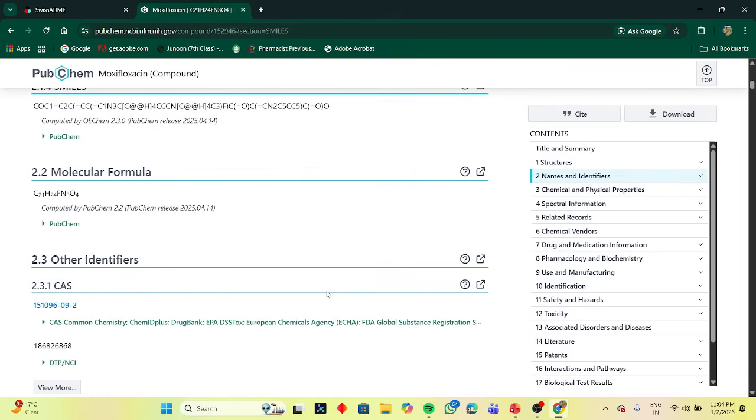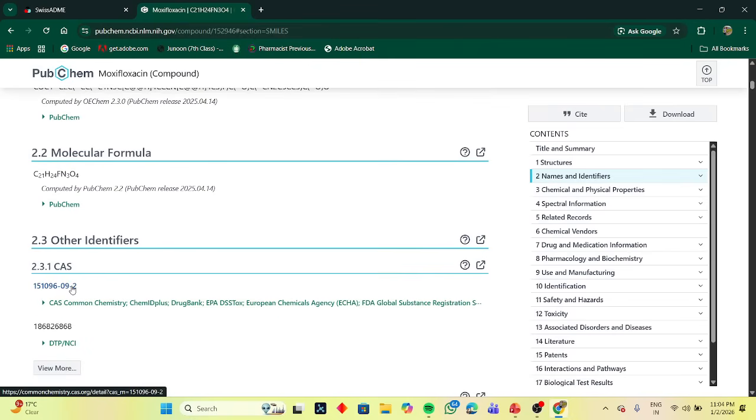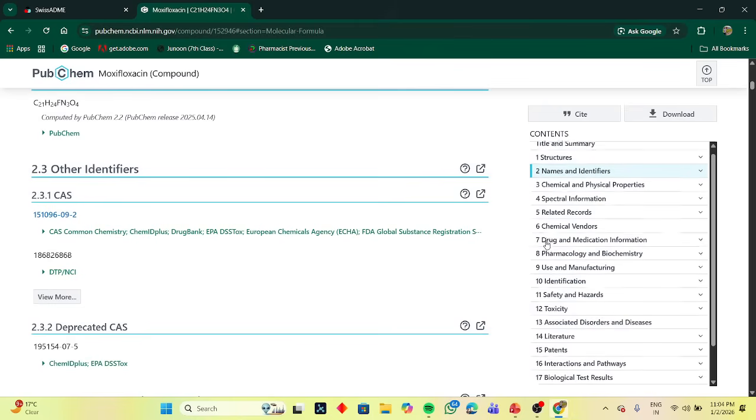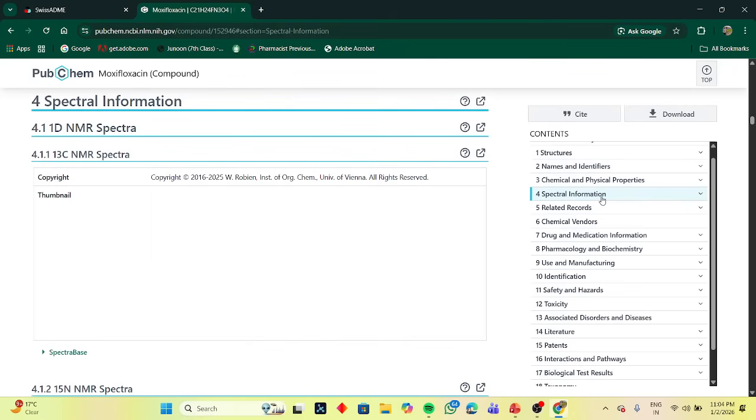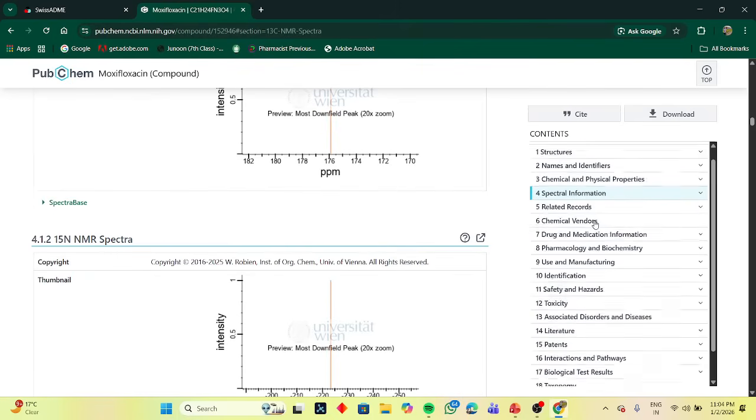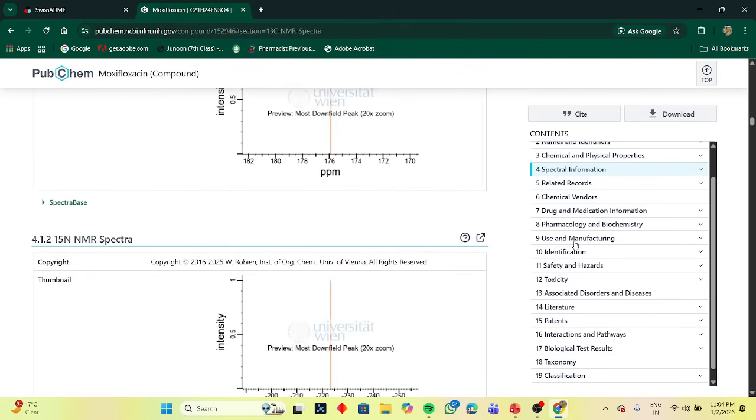If someone is going to order moxifloxacin, let's suppose you are using it as a reactant for industrial purposes, there is a CAS number. Basically, if you want to order or purchase any chemical from the industry, you just have to provide the CAS number. Other information includes the chemical and physical properties, the spectral information like 1H NMR and carbon-13 NMR, the chemical vendors, and toxicity.